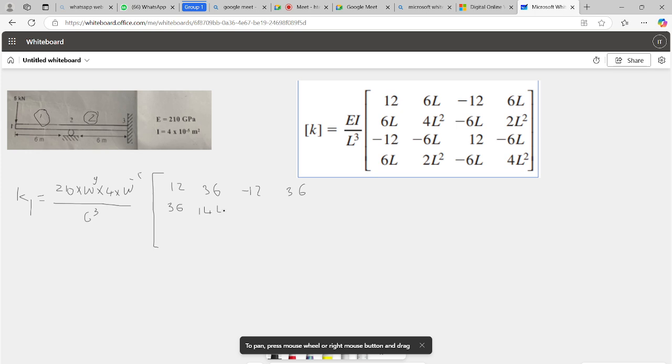This is how we fill this table, guys. Minus 6L, so minus 36. This one is 2L square, so 2 times 36, it is 72.